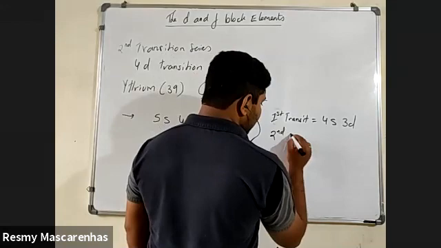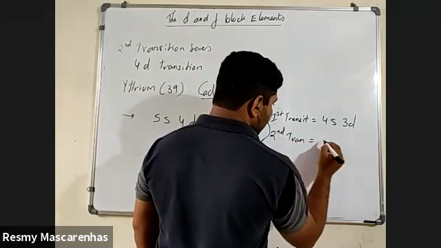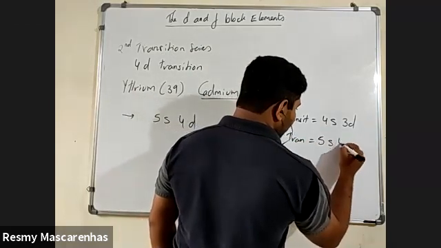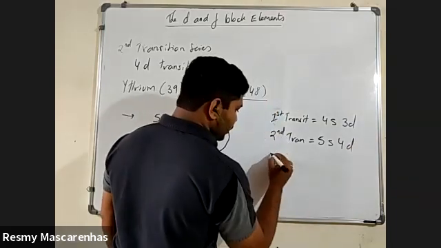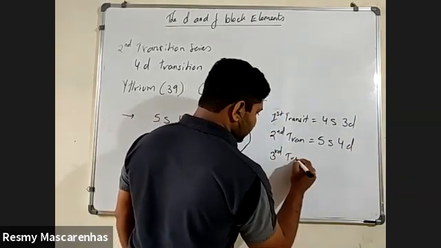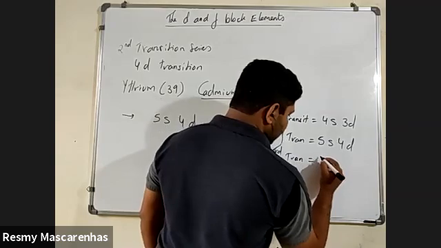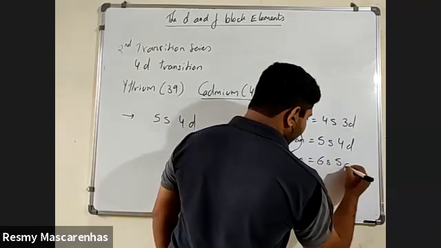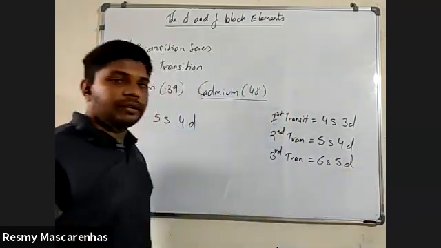For the second transition series it is 5s4d. Third transition series it is 6s5d. Understood everyone?